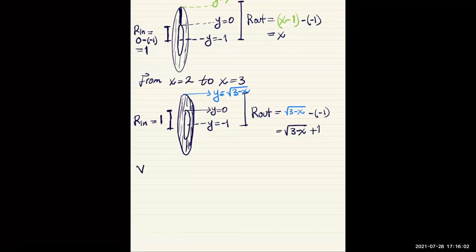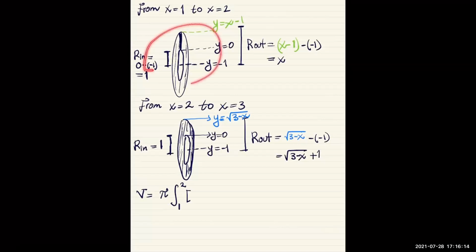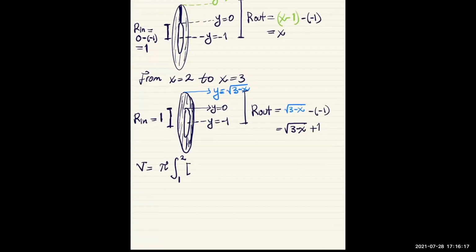So volume is equal to, and again, I can take the pi out. It's pi r squared, remember. Integral from 1 to 2 for that region. We are talking about this washer. The outer radius is just x, so x squared minus the inner radius squared. R out squared minus r in squared, which is just 1.